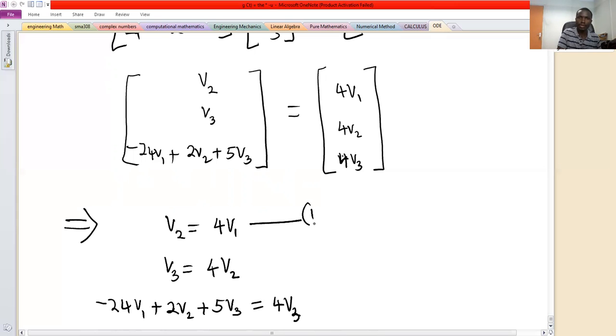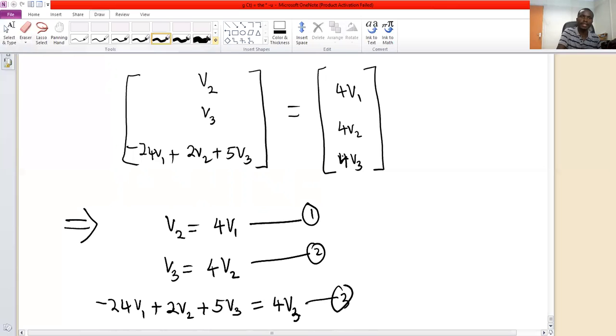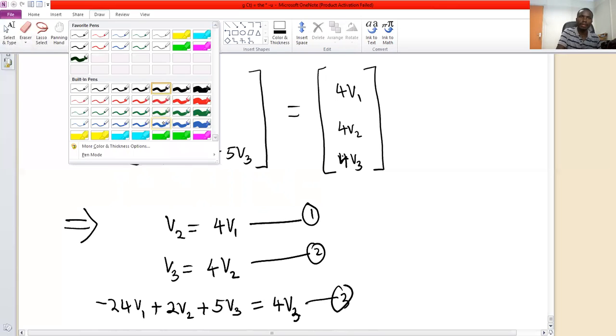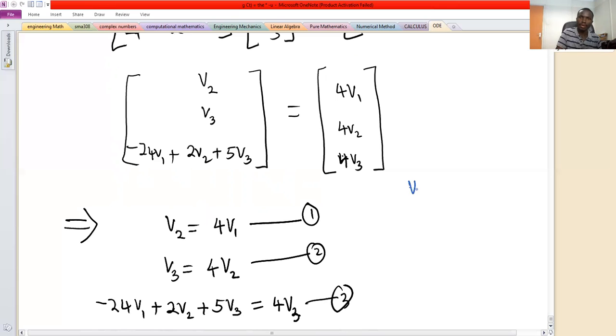So call this one equation 1, call this one equation 2, call this one equation 3. Now from 1, if we let V1 to be t, then V2 will be 4t. And using that value in this equation, V3 will be 4 into 4t, which will be 16t.